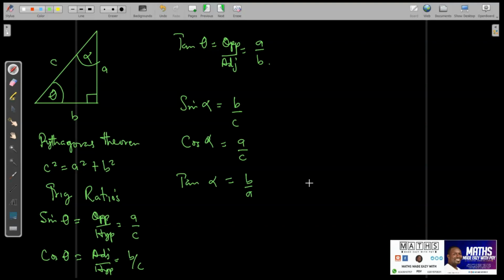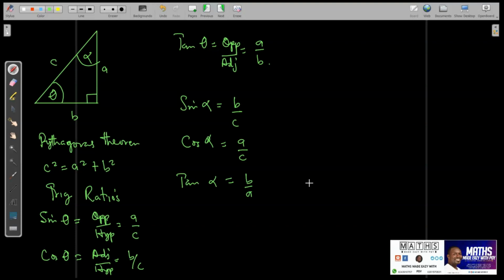Sir, I have a question. In the previous questions, you said we should find theta, the missing values. Does it mean that when finding theta, the position where the angle is placed is what determines the opposite and the adjacent?